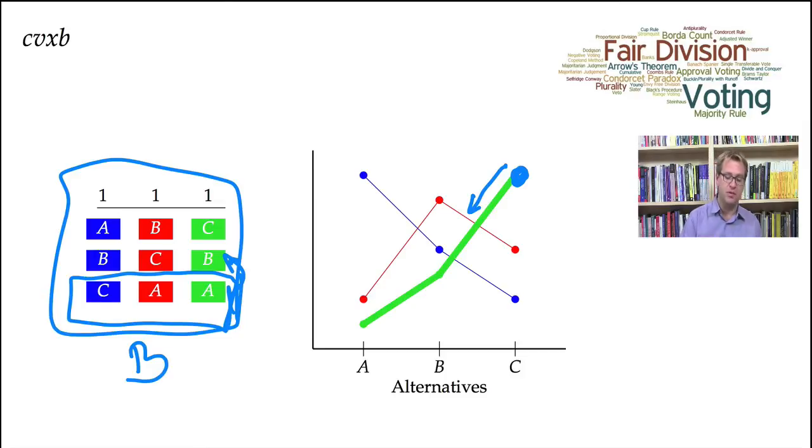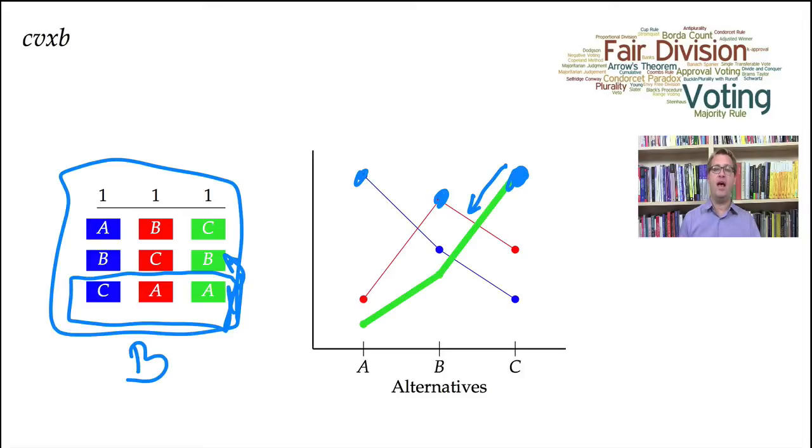They don't agree on who should be ranked first or who should be ranked second, but they all agree that candidate B shouldn't rank last. So there's some consensus in this group of voters. And we can see that because the shape of everybody's preferences is similar. It's single-peaked. There's one peak and all the values slope away from that single peak.